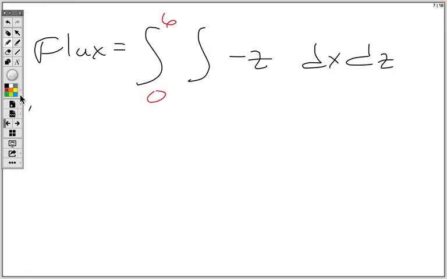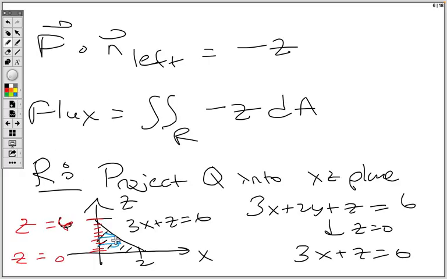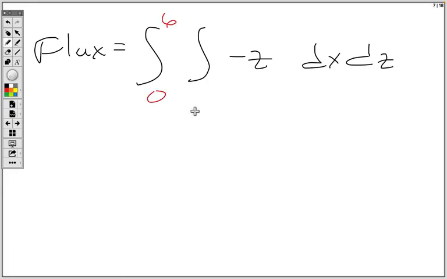And now for a fixed z, I have to figure out what the x runs between. So the x here, that's the z-axis. That's x equals what? 0. And then that is x equals what? So 2 minus 1/3 z. So there you go.